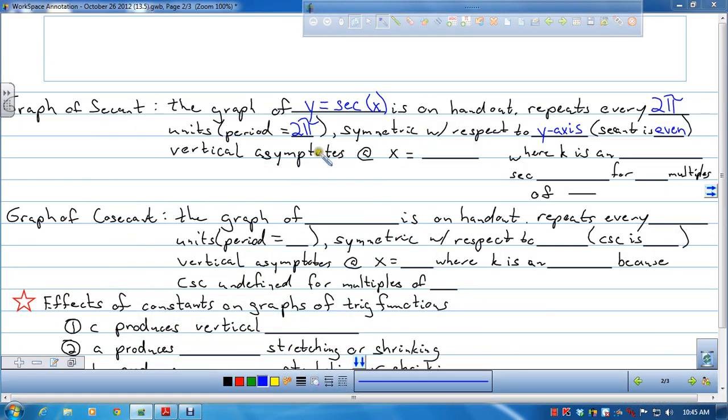So it's going to have vertical asymptotes at x equals, the same as it was for tangent, 2k plus 1 times pi over 2, where k is an integer, and secant will be undefined for odd multiples of 1/2 pi, meaning 1/2 pi, 3/2 pi, 5/2 pi, 7/2 pi, all of the odd multiples there.